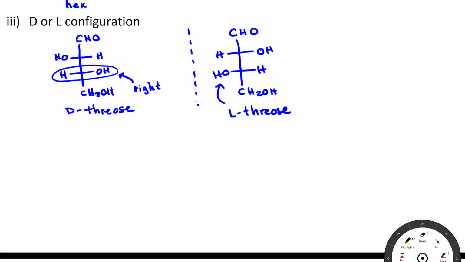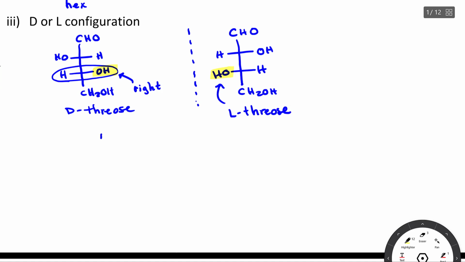And the enantiomer is the mirror image at every center, but whether or not it's D or L is dependent on which side the OH group ends up on. It's either on the right, like it shows on the left, or on the left, like it shows on the right. So probably should have done those in a different order now that I think about it. Okay, so that's the D or L configuration. So you could have, for example, glucose.